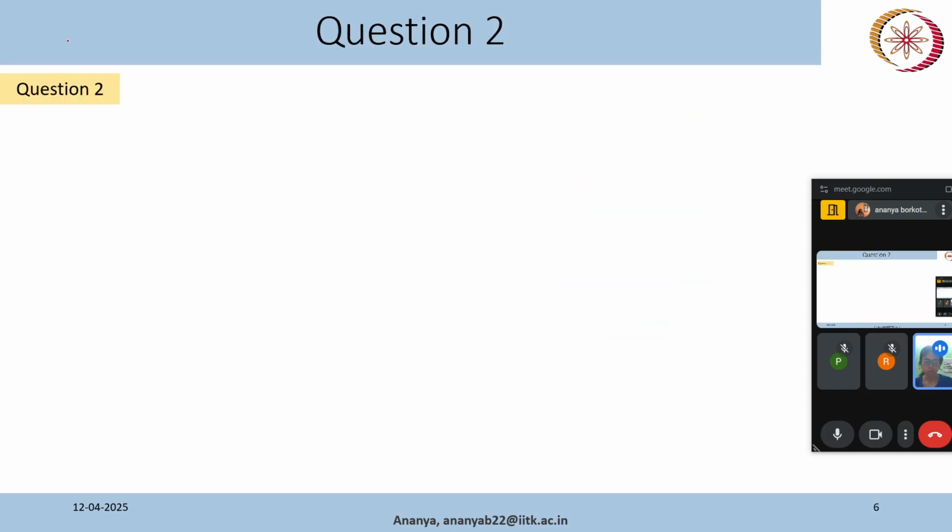So this I have earlier also discussed in the class, I just want to remind you. Based on the content of weeks 2, 3 and 4, the question is: what are the key concepts about MEMS that we discussed in the class?